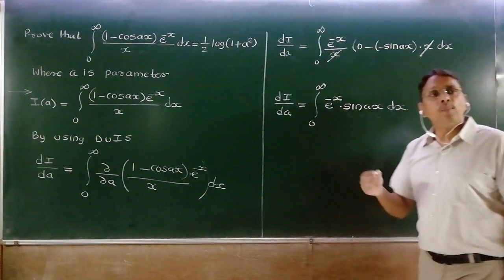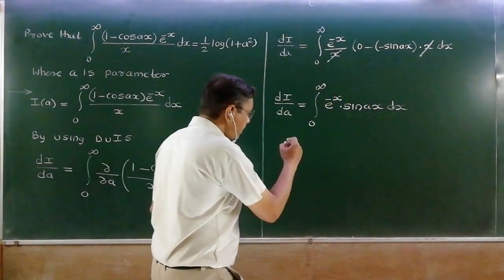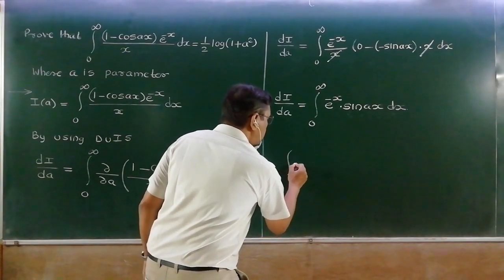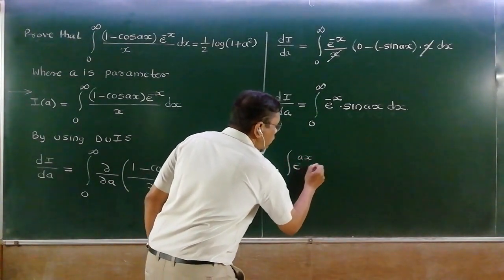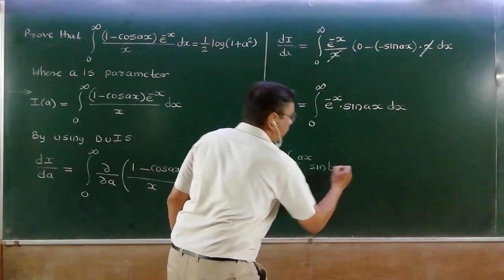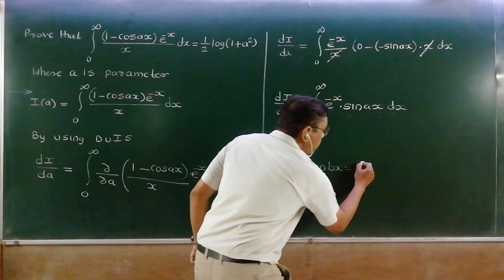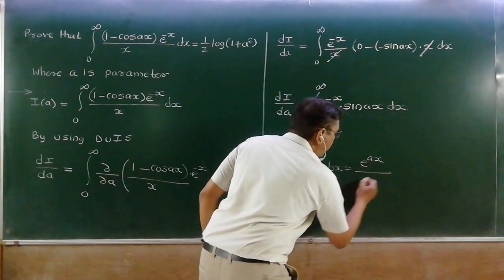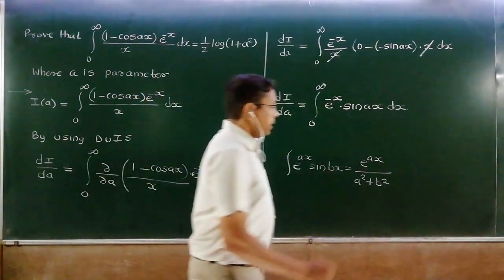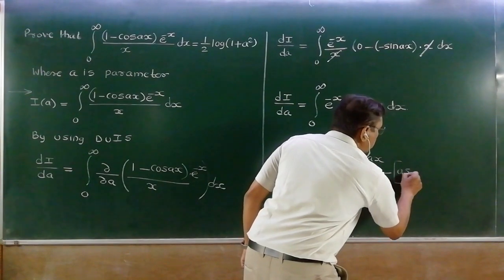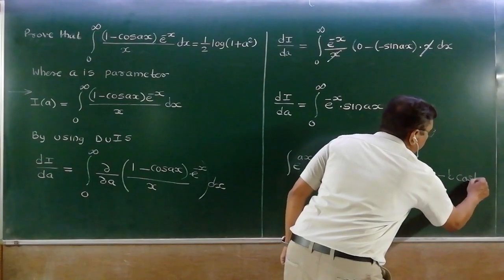Now for that we have to use one formula. Write it in the upper margin, don't write it in the same step. The formula for integration of e raised to ax into sin bx is e raised to ax divided by a square plus b square, into (a sin bx minus b cos bx).